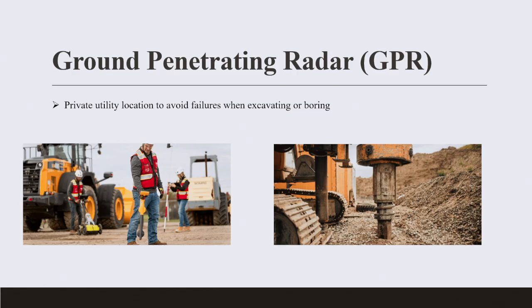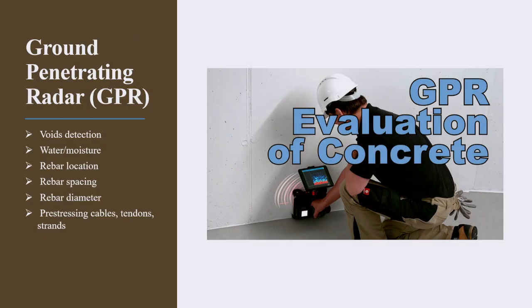So locating utilities in our infrastructure business, to not break into a pipe or a cable, that's a GPR job. Again, you can collect data relevant to voids within concrete or under the ground, moisture, rebars, rebar spacing, diameters, pre-stressed cables or tendons.